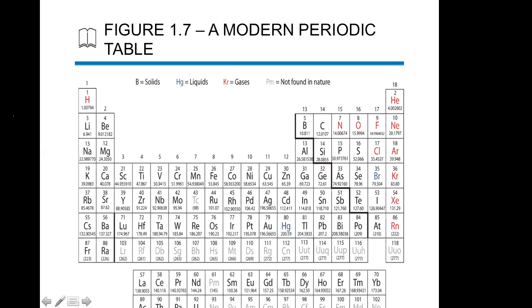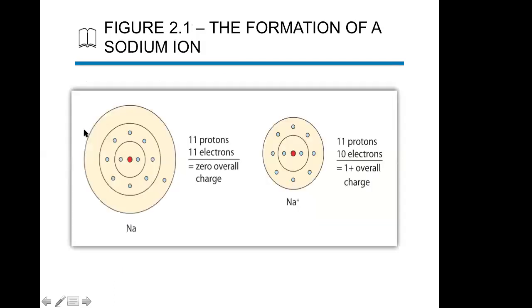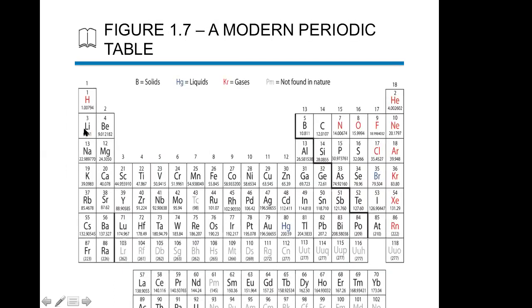What I tend to do is I just start counting the elements, skipping over the middle. So if I were looking at phosphorus, I would say, okay, let me start at the beginning of this row. I have 1 for sodium, 2 for magnesium, 3 for aluminum, 4 for silicon. So phosphorus has 5 valence electrons.